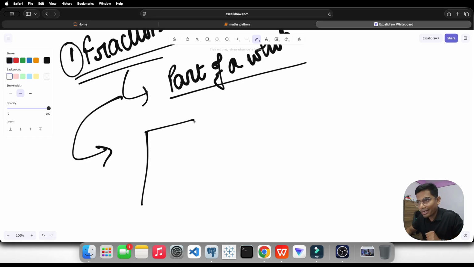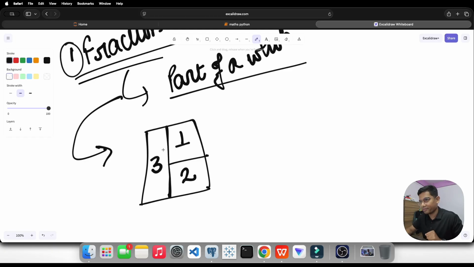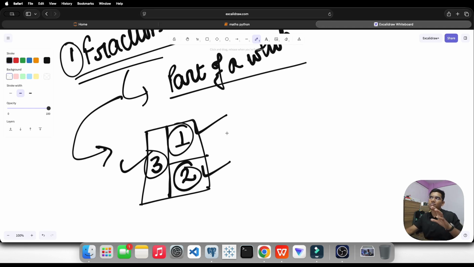Suppose there is a piece of land divided into three parts, 1, 2 and 3. Suppose you have one part, your brother has one part, and your sister has one part. If someone asks what part you have, you will say I have one part. That's it, this is the part.